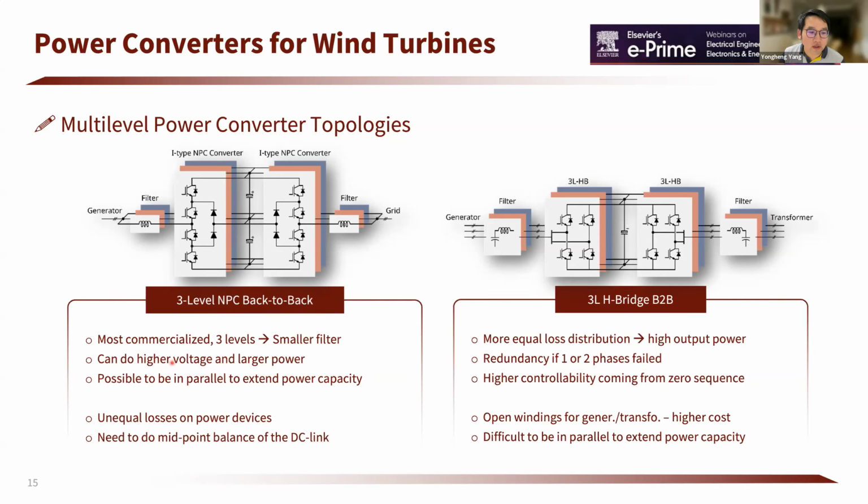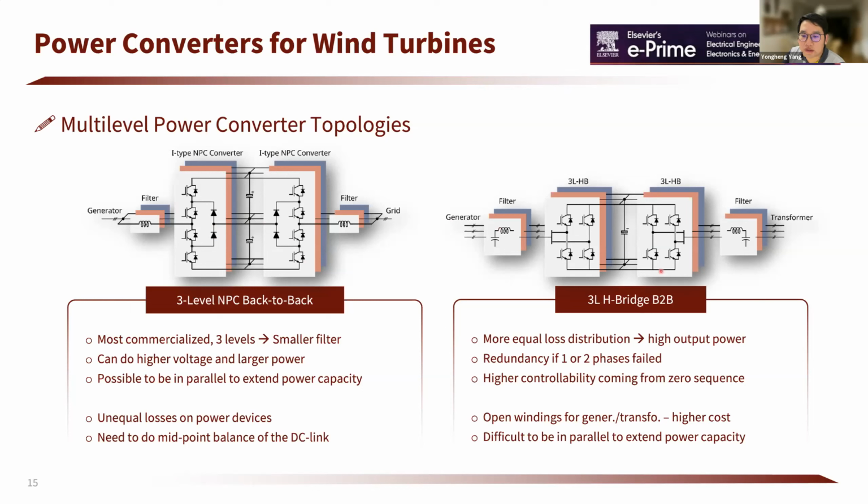It can handle higher voltage and larger power, and it is also possible to extend the power by paralleling more power converters. But it also has some drawbacks, for example, unequal losses on the power devices, and midpoint balancing is needed in operation.